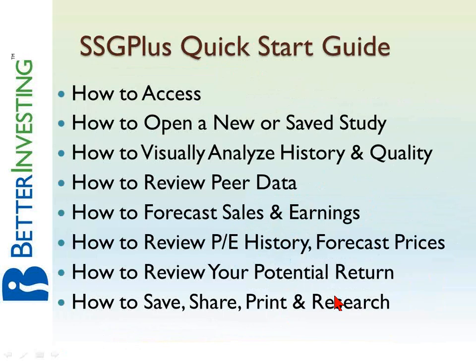How to access our SSG Plus tool, and how to open a new or saved study, so from fresh or one you've saved, how to visually analyze the history and quality, the screens and data that are related to that, how to review peer data, which is exclusive to our online tools, how to forecast sales and earnings, how to review our PE history to help us forecast prices, and review your potential return after you're done with all that forecasting. And then finally, how to save, share, print, and research.